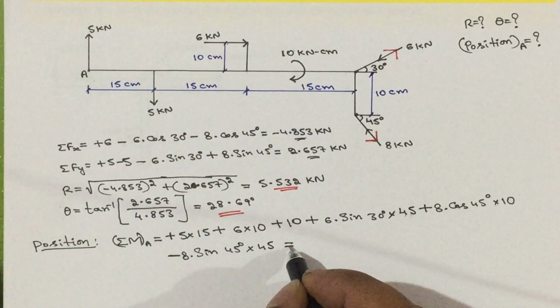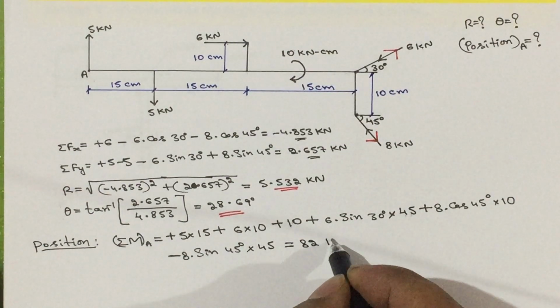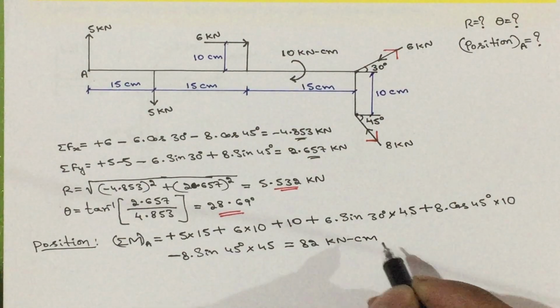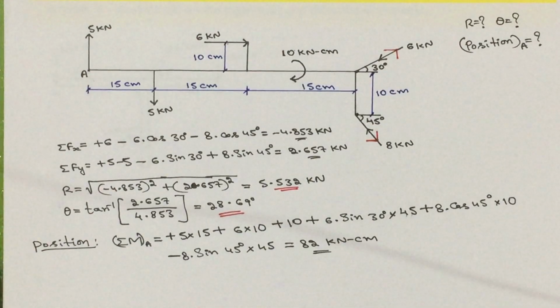So if we calculate sigma MA, you are going to get it as 82 kilonewton centimeter, that is force unit into distance unit. Okay, we got the value.